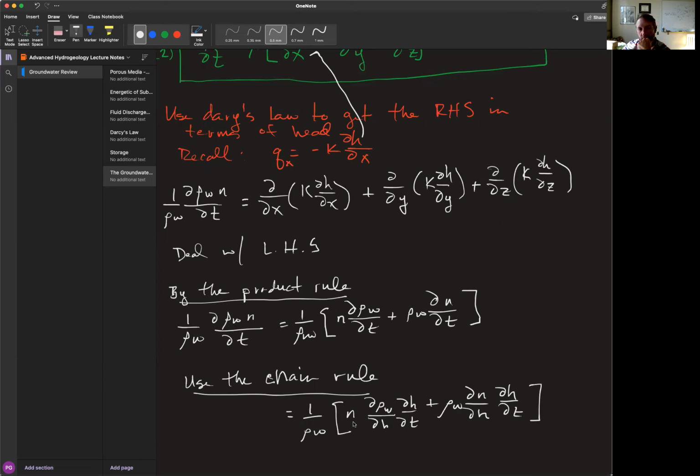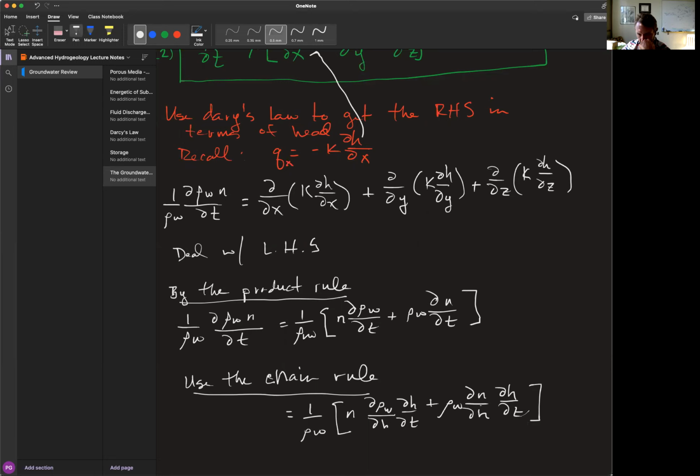And the first thing we need to think about is, what does this derivative of density with respect to H mean? Well, what happens if I increase the height of the water column? Why would my density change? Well, I'm increasing the pressure, right? And I might compress my water a little bit.